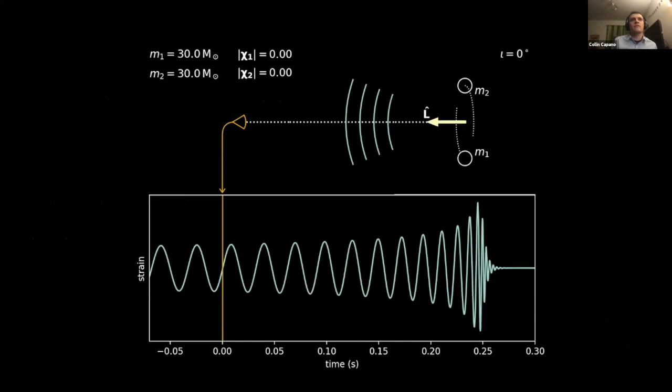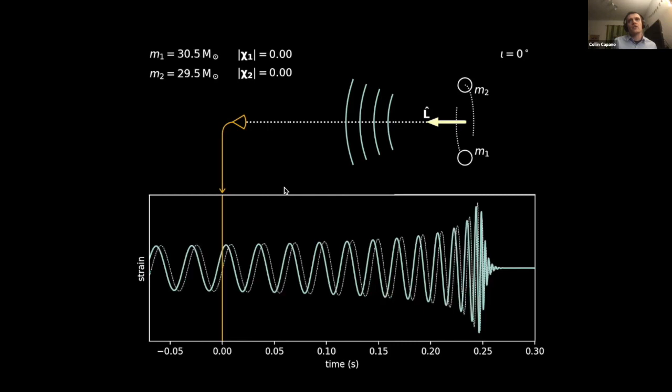And by studying that, we can figure out what the parameters and masses, say, of the binary were. To illustrate that, I have this animation here. So we have our two black holes orbiting at some distance away, and then we're observing them here on Earth. And that produces what we call the strain, which is this gravitational wave here. And in this case, where we have two 30 solar mass black holes, this is the sort of gravitational wave you would expect to see.